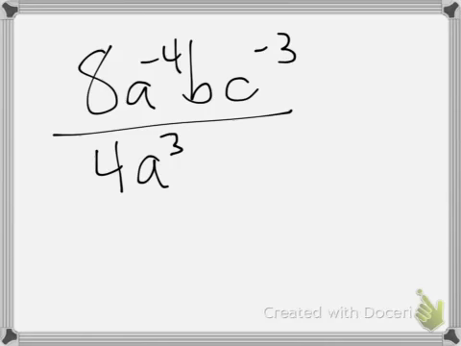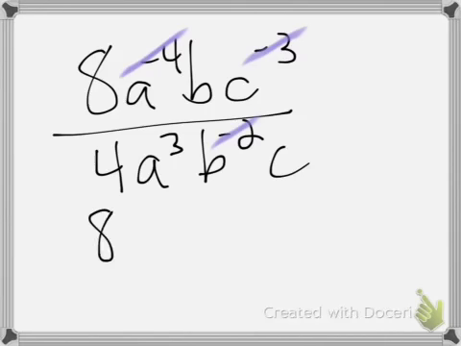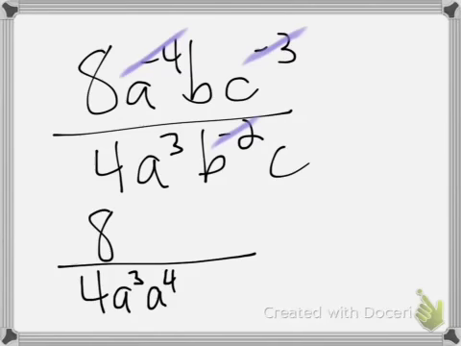So if I have this problem right here, the first thing I want to do is get all the negative exponents and move them to the other side of our fraction bar. So this is going to be 8 over 4, and a to the 4th will come to the bottom, and c to the 3rd will come to the bottom, and b squared will come to the top.